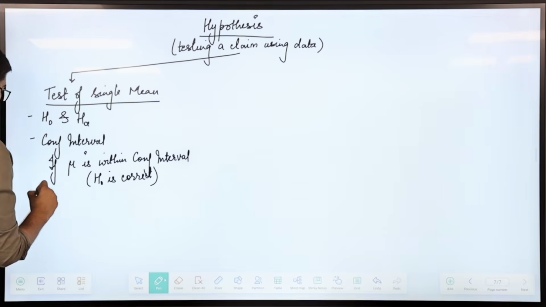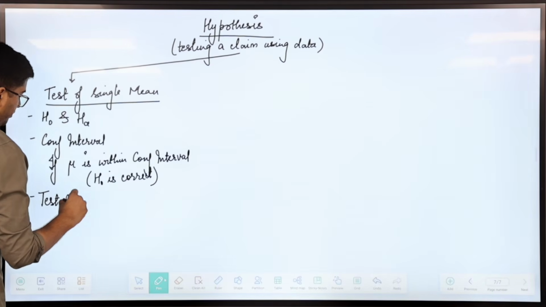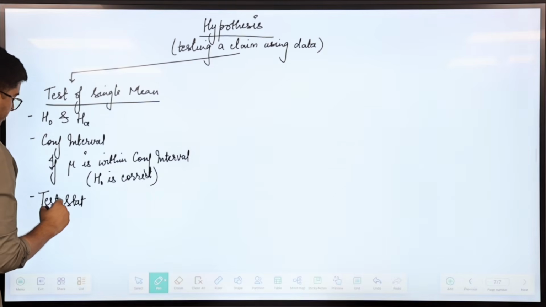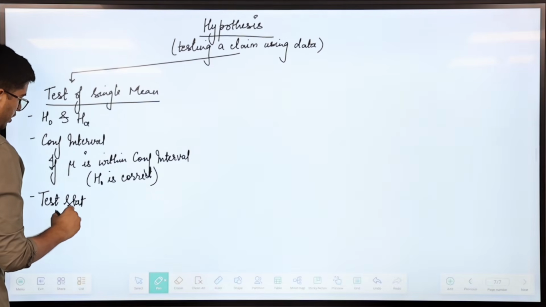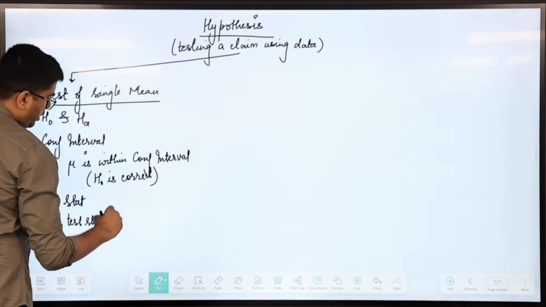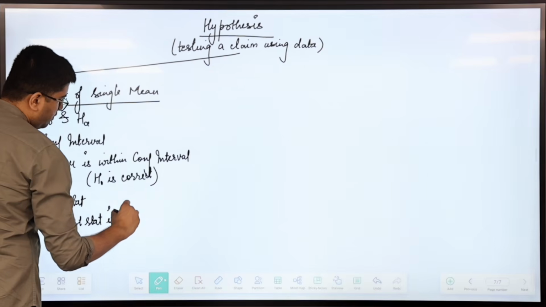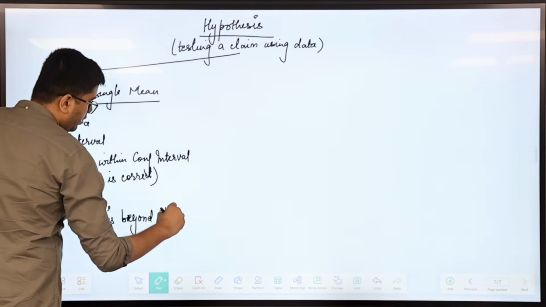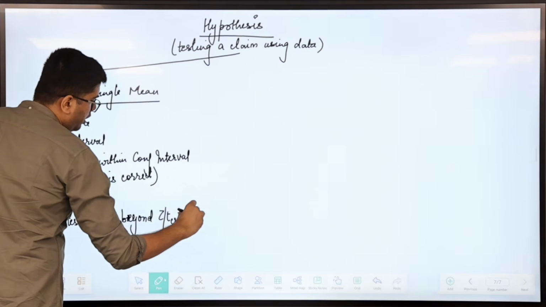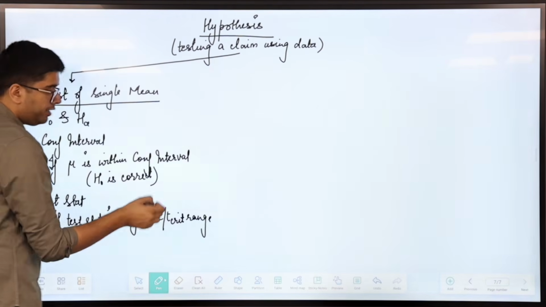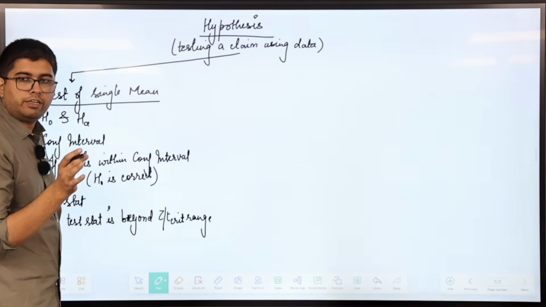Then we have an approach of test statistic. For test statistic approach, if test statistic is beyond Z or T critical range. So whatever range you get from Z or T table, if your test statistic is exceeding that, these would always be plus and minus because these are symmetrical distributions.